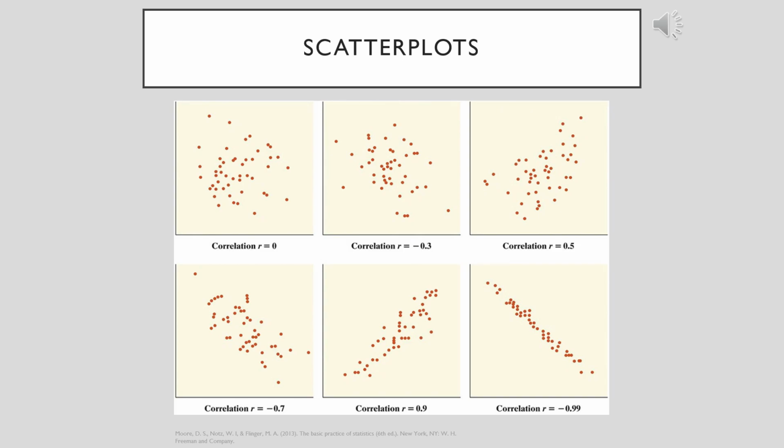Now, you can see in this upper left panel, this is a correlation of R equals 0. That means those two variables, whatever they would be, are totally unrelated, because as one increases, the other one is all over the place. There's no rhyme or reason to these. But you can see, in the top right panel, a correlation of positive 0.5.